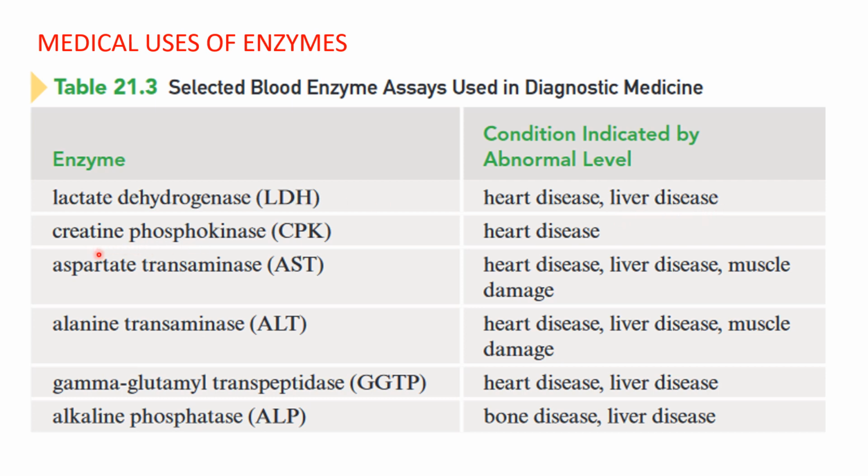If you have creatine phosphokinase, indicative of heart disease. And so on. You have aspartate transaminase, alanine transaminase, gamma glutamyl transpeptidase, alkaline phosphatase. So these are the indications that the disease is being indicated by the presence of those enzymes.